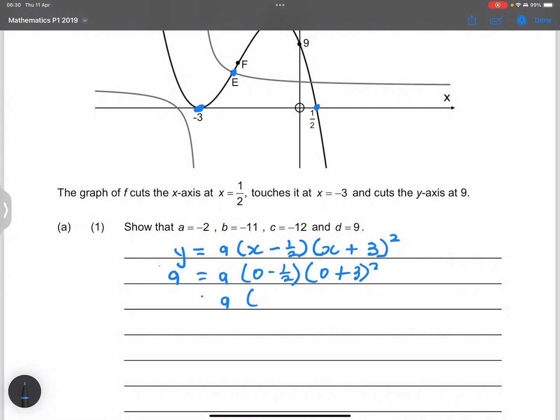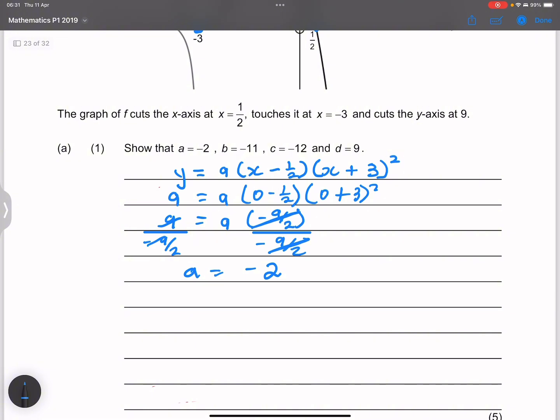So I get minus 9 over 2, and this would be equal to 9. So if I divide both sides by negative 9 over 2, that cancels with that. I will get, so this will be equal to negative 2. So A will be negative 2. All right, so remember, this is the same as multiplying by negative 2 over 9.